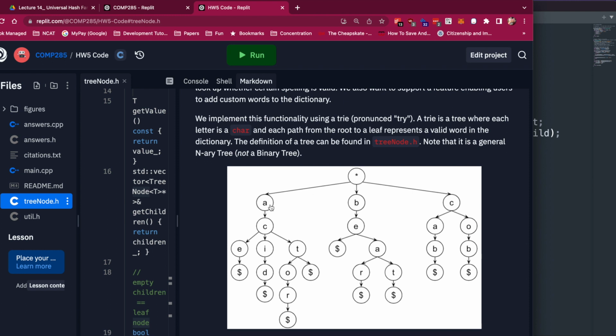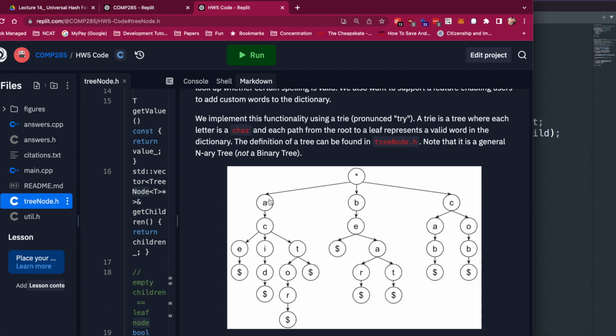So you have A, C, I, D, and then $, which means the word has ended. So that's acid. It also holds the word act. So A, C, T, act. But you can imagine it's a pretty efficient way to store a large number of words, because if they have a common prefix, then they actually share the same character, right?